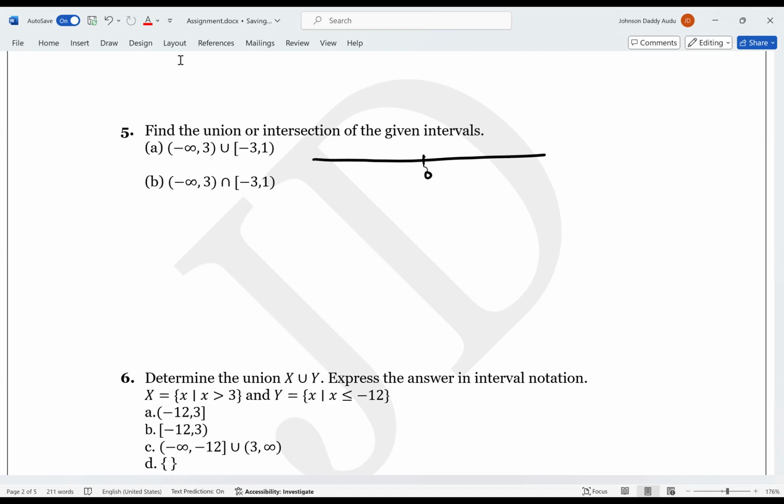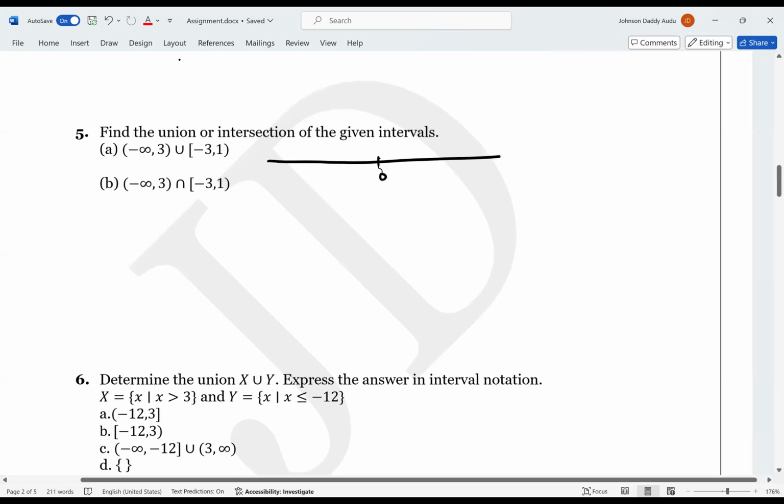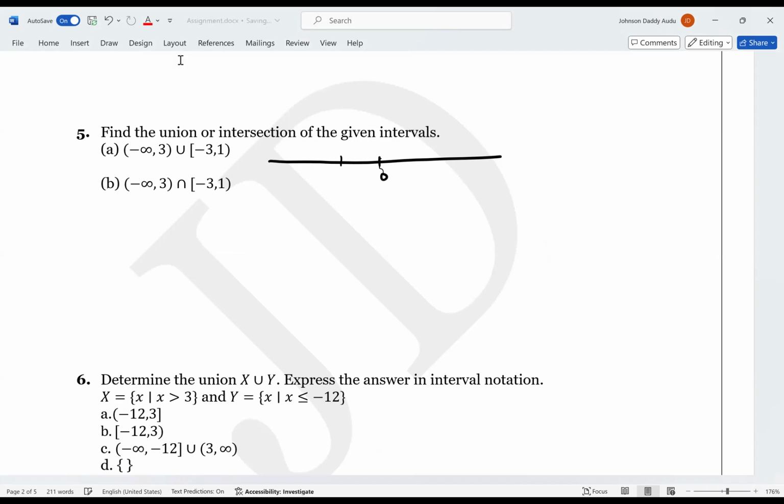All right. But also we should take note that we are actually looking for the union, not the intersection. So we will answer both. So where is 1? If this is 0, so 1 will be somewhere here. Let's say this is minus 3, and then I can say this is 1.